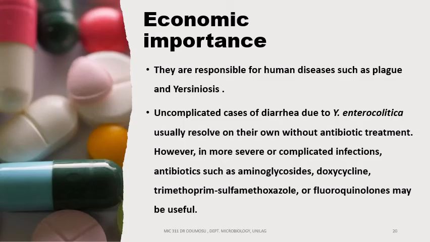But in the case of complicated, severe cases of Yersinia infection, treatment with antibiotics may be required, such as aminoglycosides and fluoroquinolones, which may be useful for the treatment of Yersinia infection.